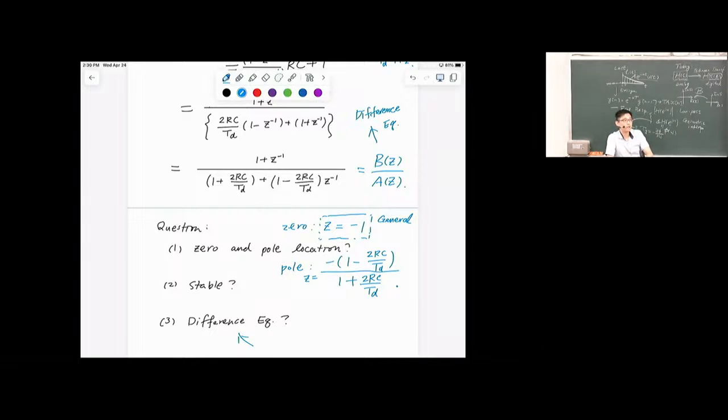And what does that imply? Anybody? When we have a zero at -1, what does that tell you? What does that tell us about the frequency response? -1 is on the unit circle, right? At which frequency? -1 is at frequency of pi, right?